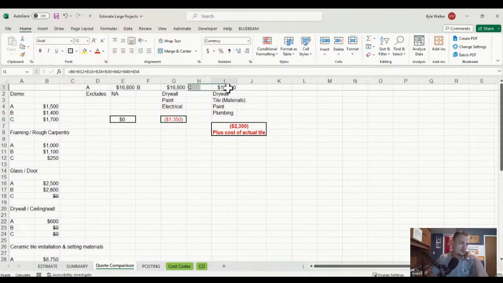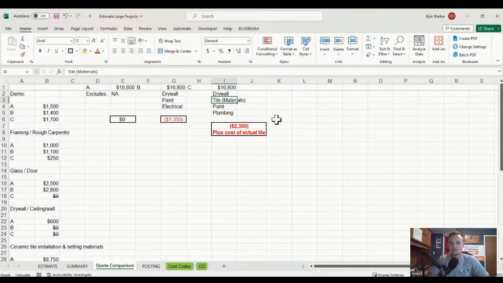For contractor C, now remember, he had the $14,000 in tile, and you read down that he didn't have any materials. So he excludes drywall and the cost of tile material, which could be anywhere from $1,000 to $5,000, it just depends. I mean, for an $8,700 bid, it's not $5,000 of tile.